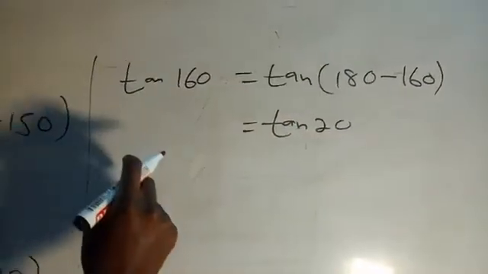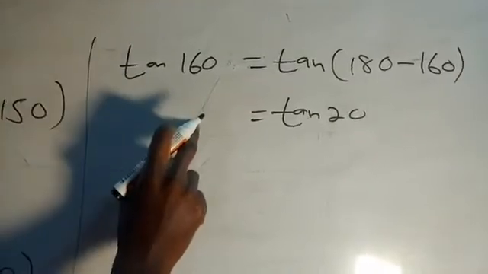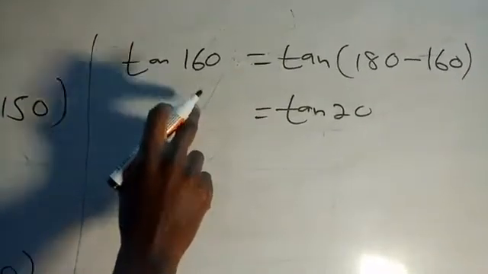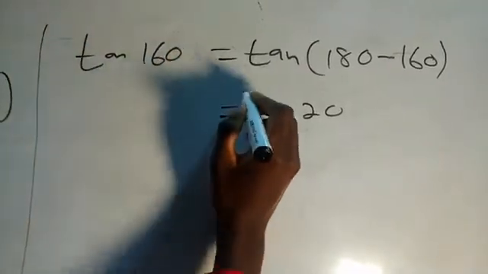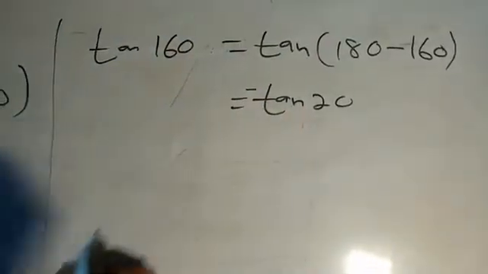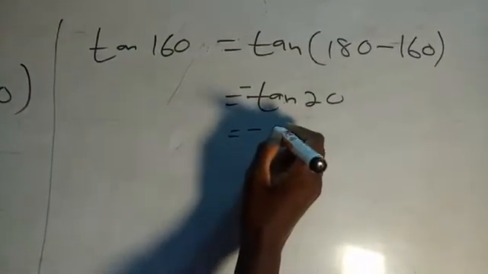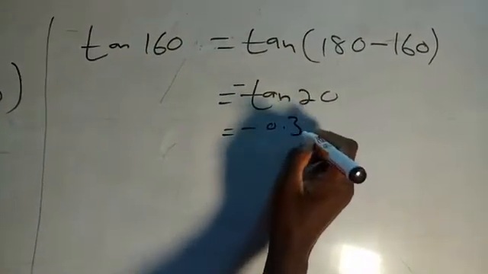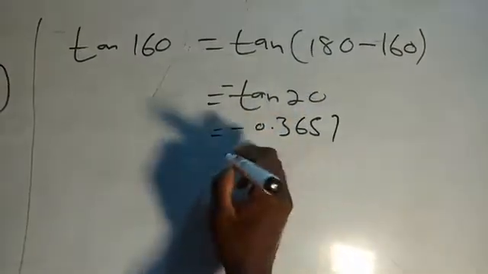Because it is in the second quadrant, and tan is negative in the second quadrant, it becomes negative tan 20, which will be equal to negative 0.3657.